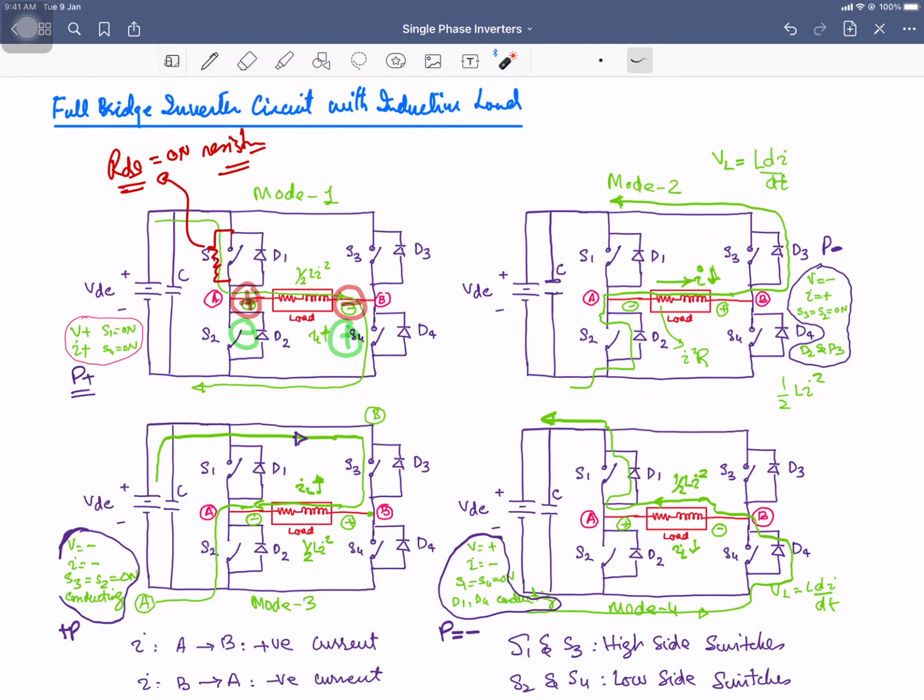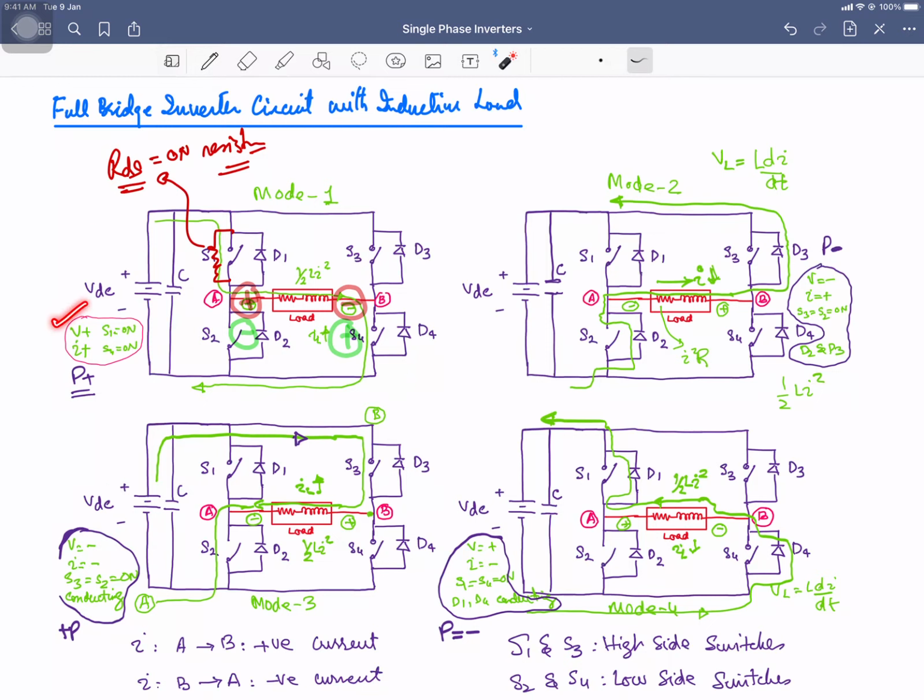So our voltage is negative in this part with respect to this one. If we say the voltage over here is positive, and let's consider this direction of the current as the positive direction, so current and voltage both are positive when you are going to apply the gate voltage on switch S1 and S4.